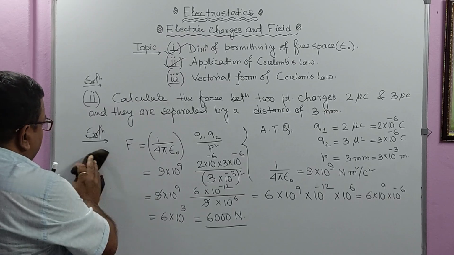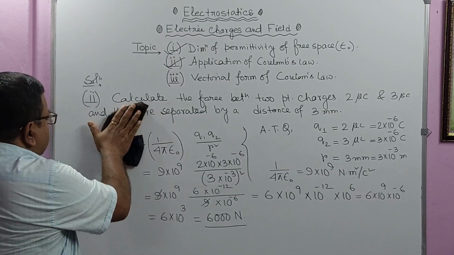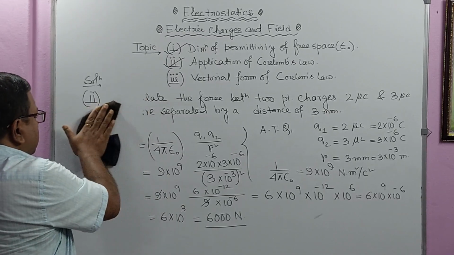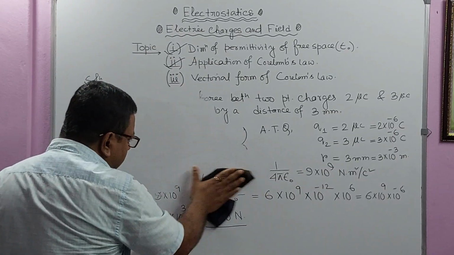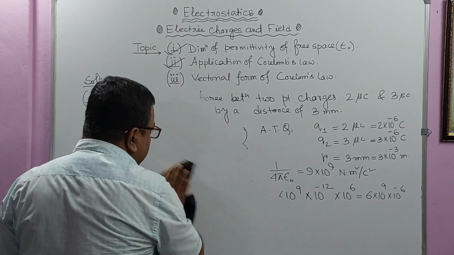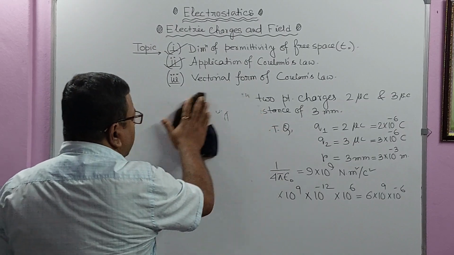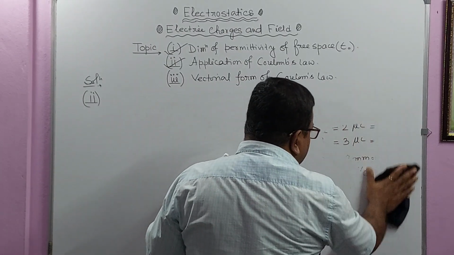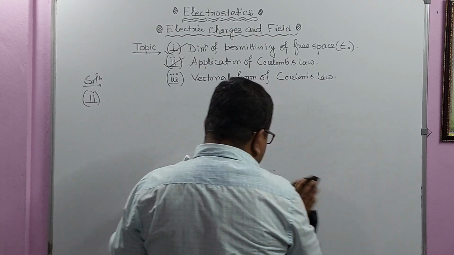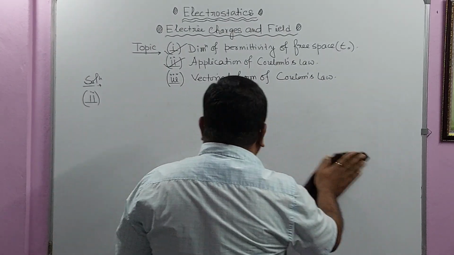Again, for the vectorial form of Coulomb's law, we should know the mathematical form of Coulomb's law, which is very effective for all the topics that I also explained in the previous video. This is very important.